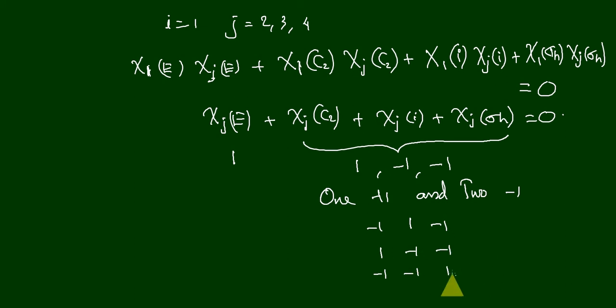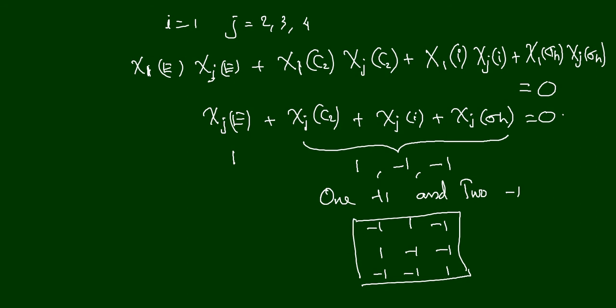These 3 will be the possibilities to fill up the remaining elements: 1, minus 1, minus 1; minus 1, 1, minus 1; and minus 1, minus 1, 1. So we can fill this there.